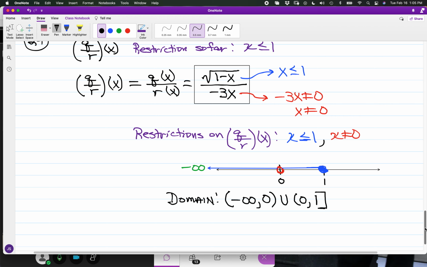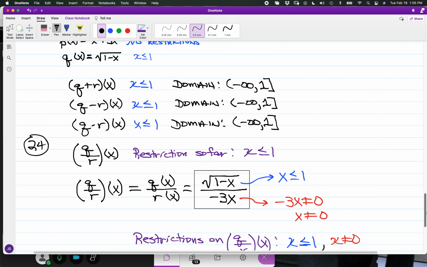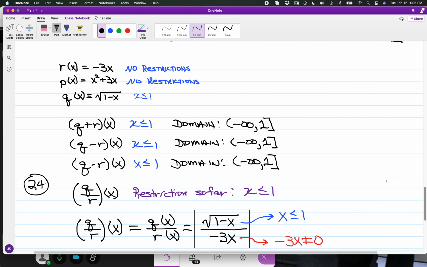Again, from the initial standpoint, in the introduction we had that any restrictions initiate from r of x and from q of x, solely from q of x with x less than or equal to 1.